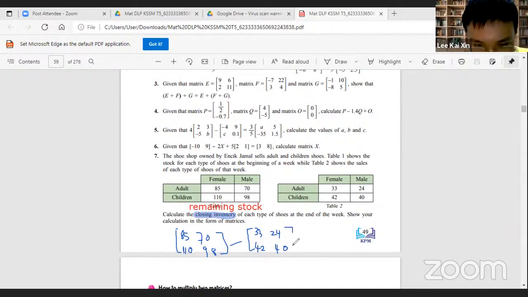So 85 minus 33, you get 52. 70 minus 24, you get 46. 110 minus 42, you get 68. And 98 minus 40, you will get 58.